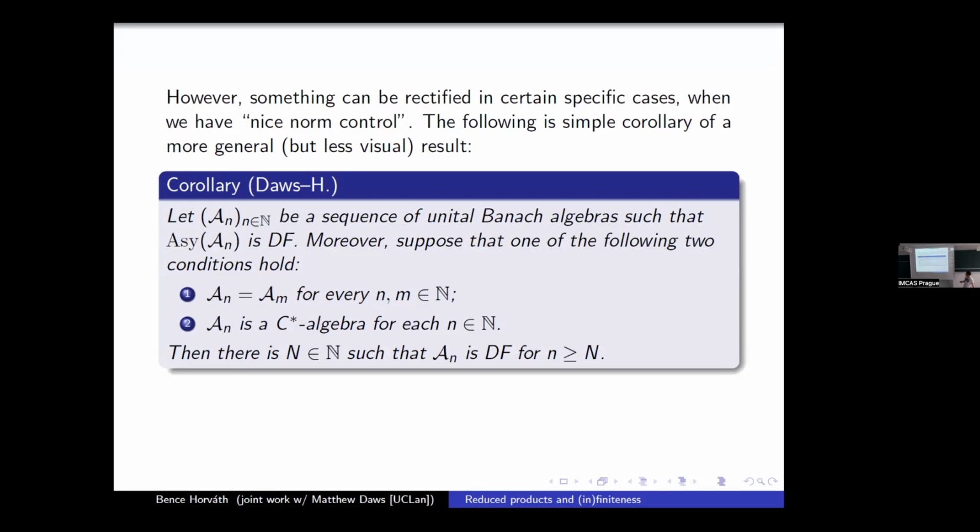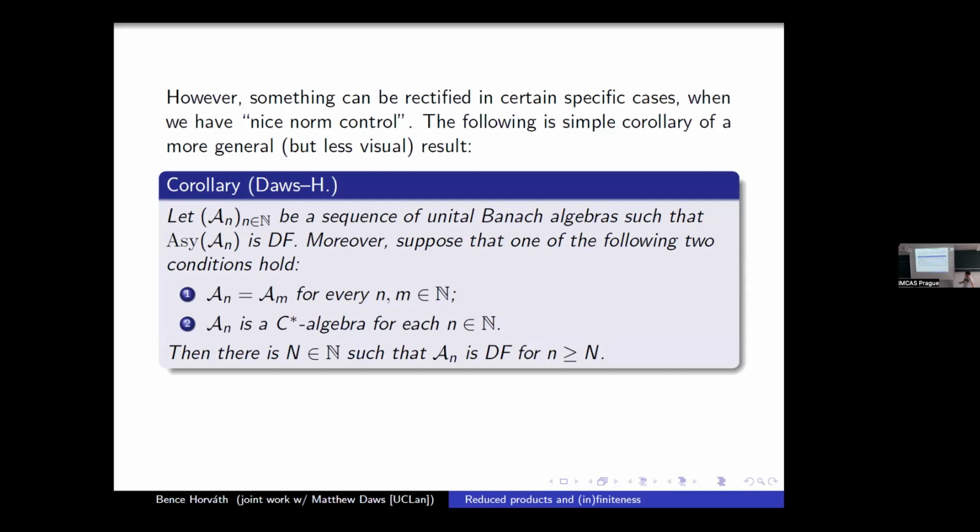So suppose you have a sequence of unital Banach algebras such that this object, the asymptotic sequence algebra, is directly finite. And suppose you are in one of the two cases. Either you are the constant sequence, so you just have one Banach algebra and you take the asymptotic sequence algebra of that, or all your Banach algebras are actually C-star algebras.